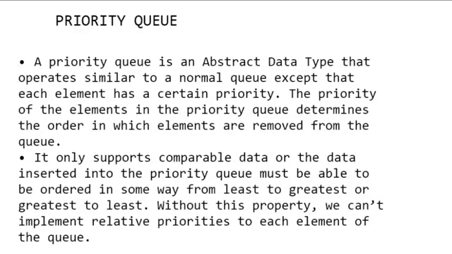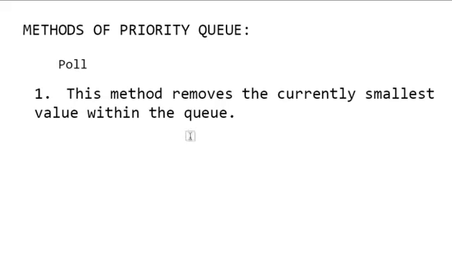Next are the methods of priority queue. The first one is poll. This method removes from the queue.